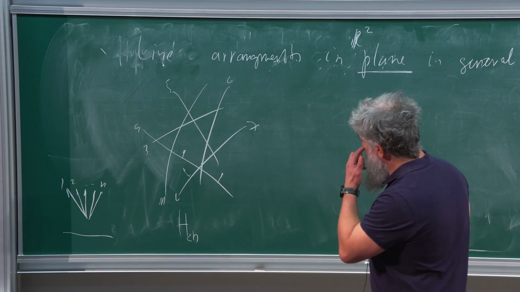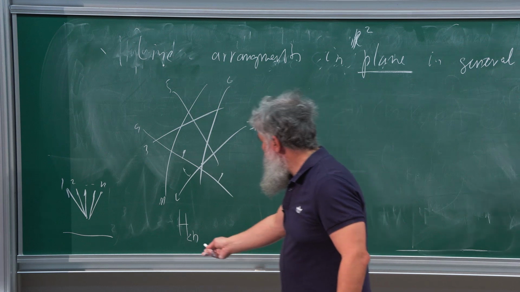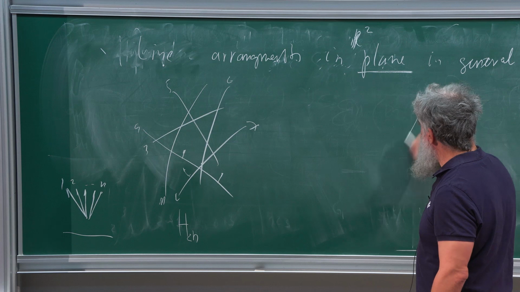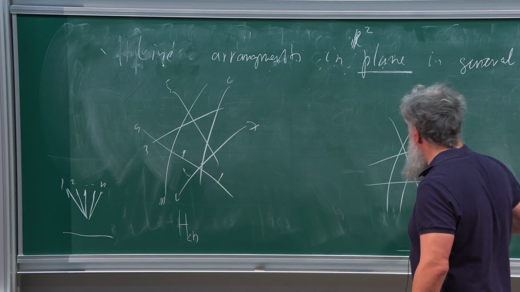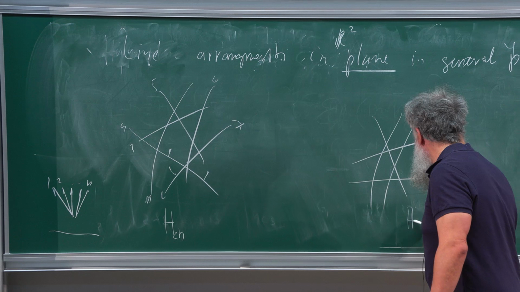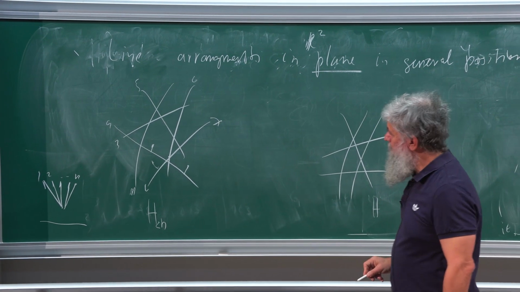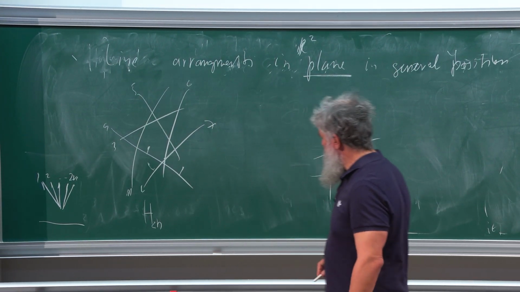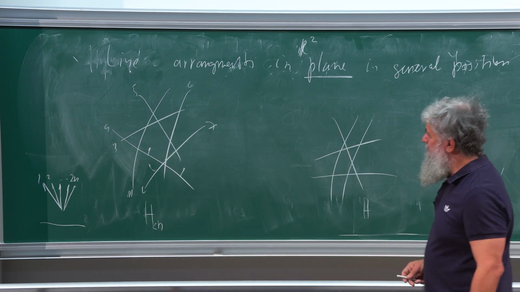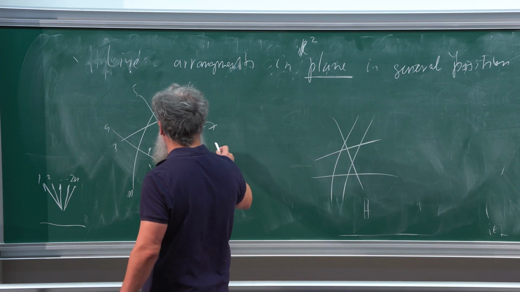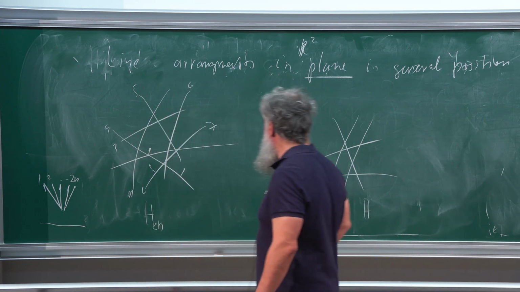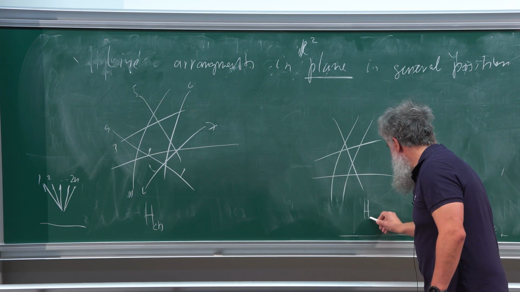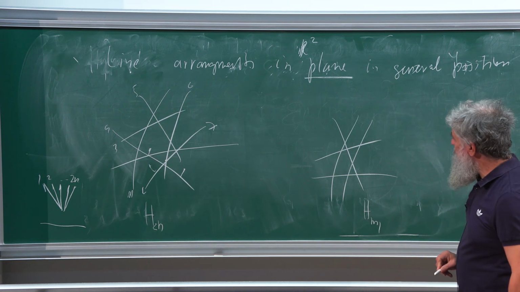So if I have 2n lines, I add one more, and I get another line arrangement with M1.